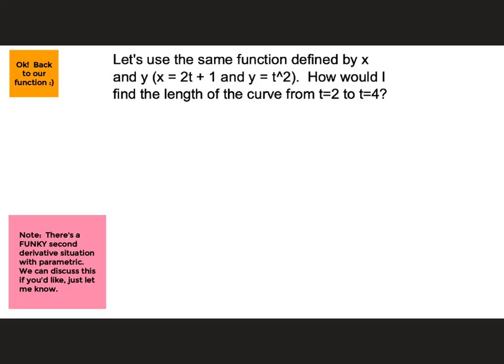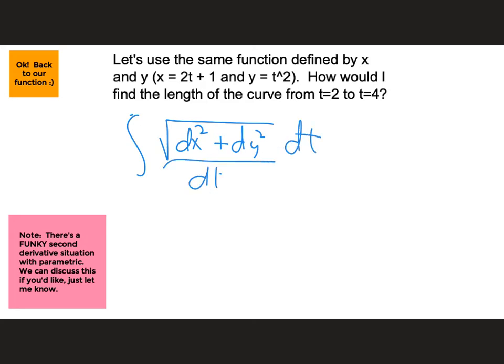Alright. How do we find the length of the curve from 2 to 4? Well, I said keep that in mind, so let's go back to that. So we had square root dx squared plus dy squared. I would like a dt here, because we want this to be an integral defined in terms of t.